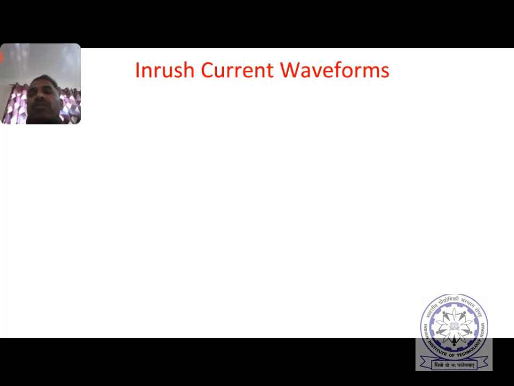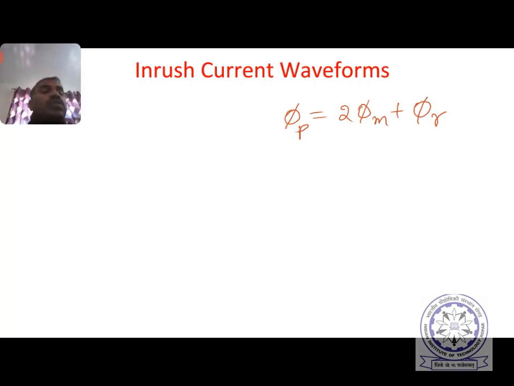So if you switch on like that, a huge inrush current is shown. Due to the flux requirement, the peak flux is around 2 phi m plus phi r, so phi peak. This is how the inrush current waveform will look.